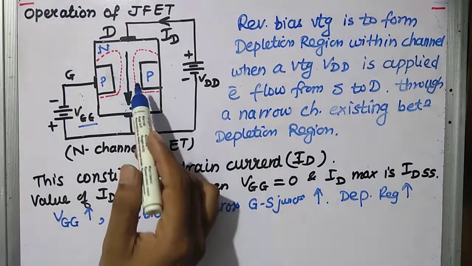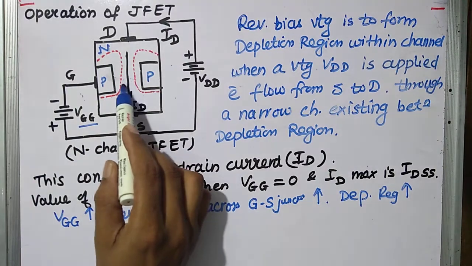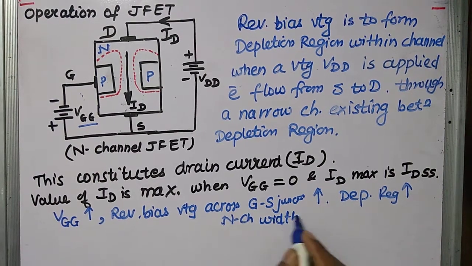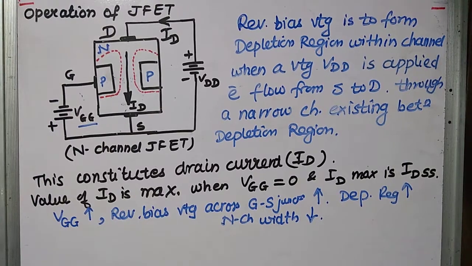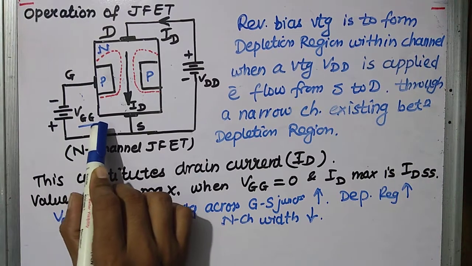As the width of the depletion region is increasing, the effective width of this channel is reducing. So we can say that the N channel width is decreasing. So this is the effect of reverse bias voltage VGG.